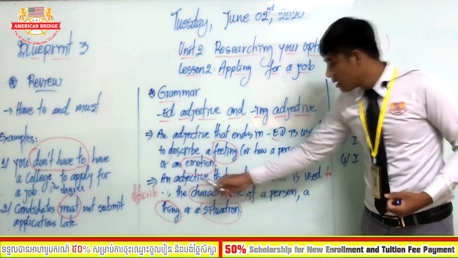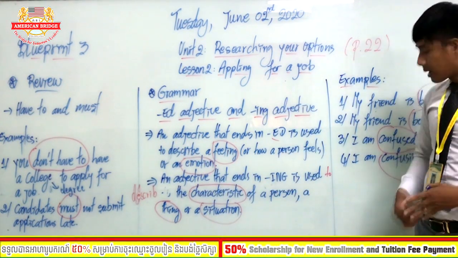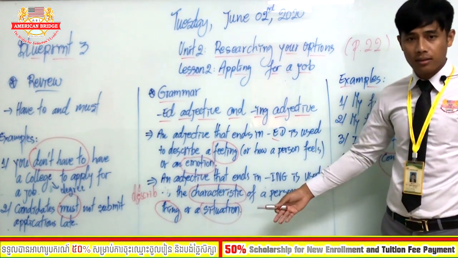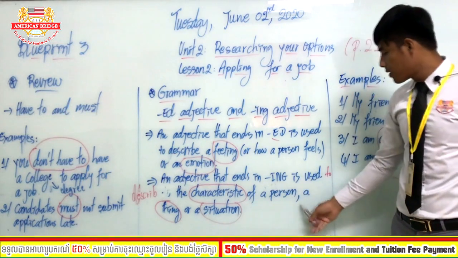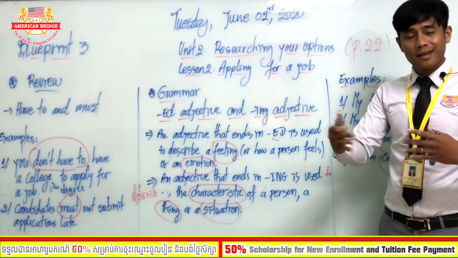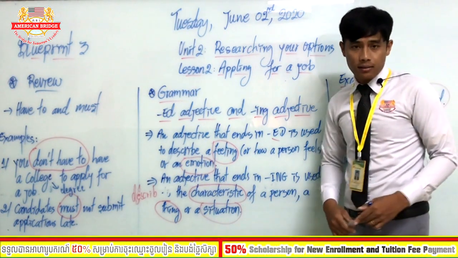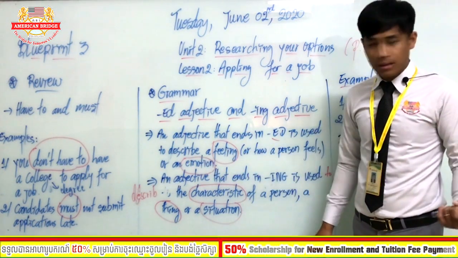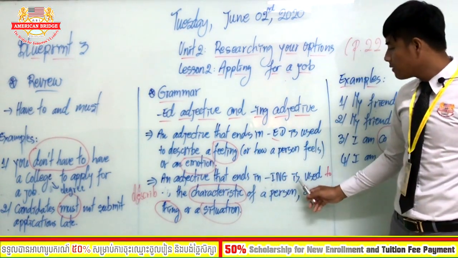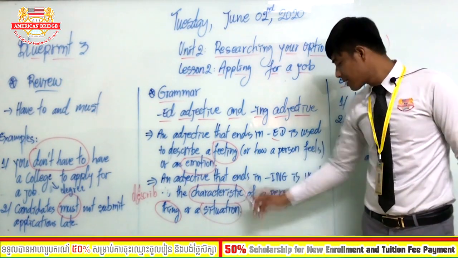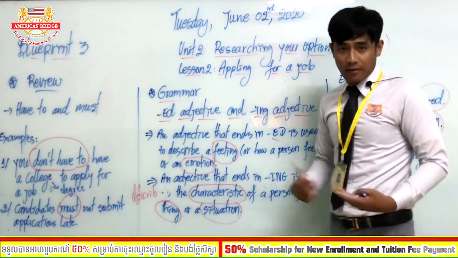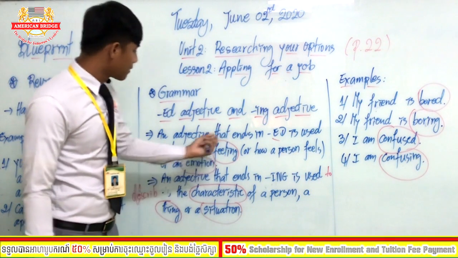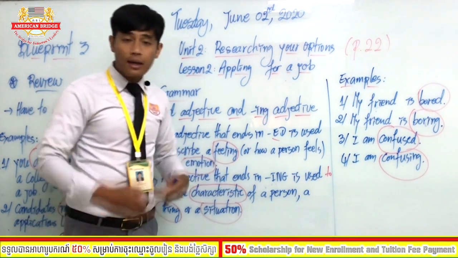An adjective that ends in ing is used to describe the characteristic, outside the human, of a person or a thing, a situation. So ed is inside, ing is outside.